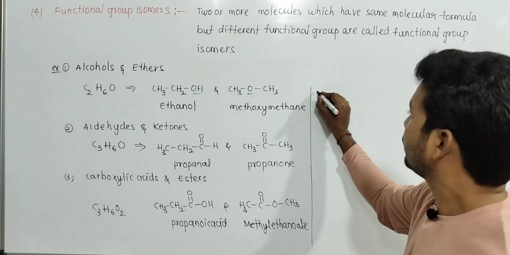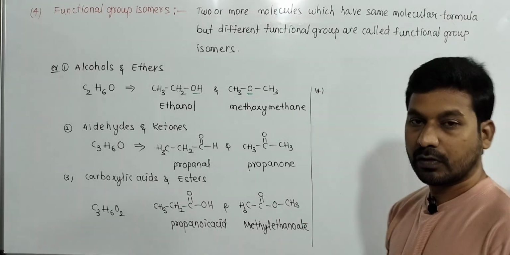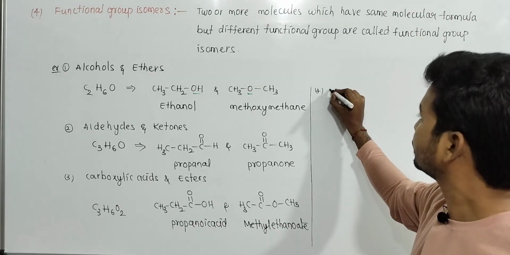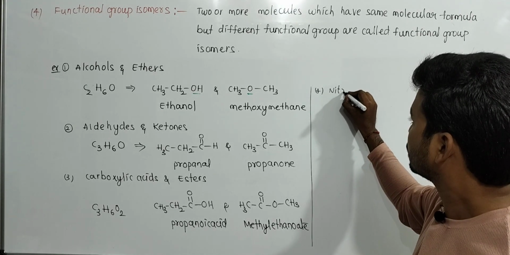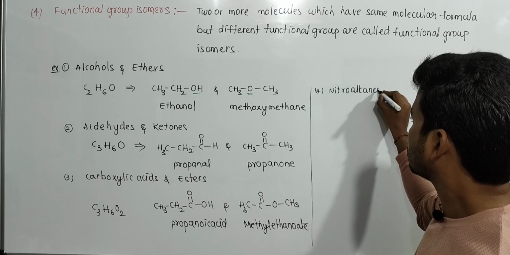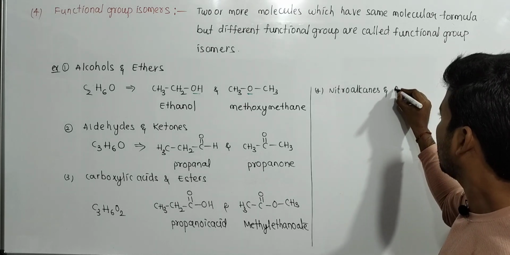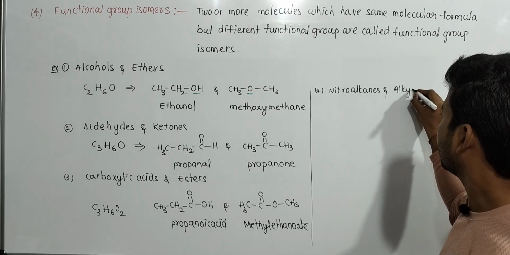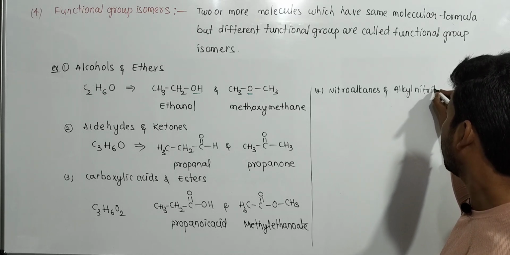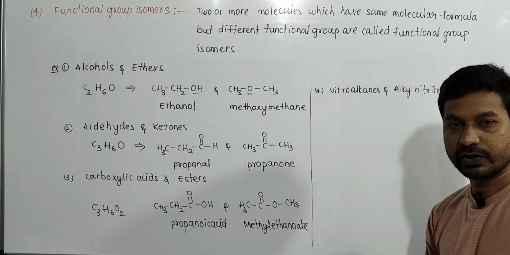If you see nitroalkanes and alkyl nitrites, they are functional group isomers.